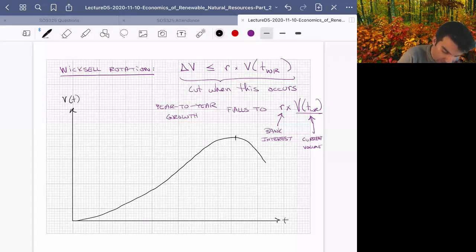And so we knew that on that curve, we have T max occurs when delta V is equal to 0.